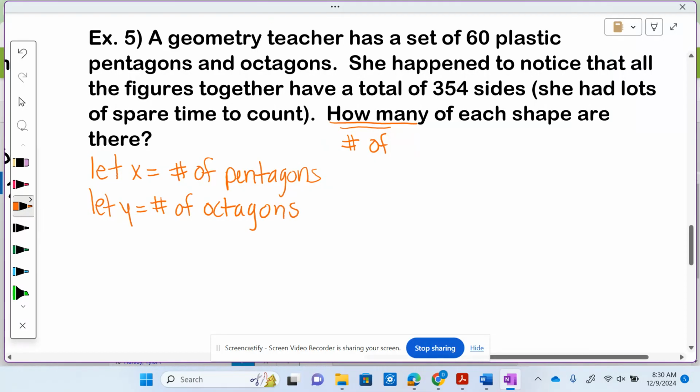All right, Eden, I'm going to go back to you. How many total plastic shapes does she have? She has 60. How do I show that? Perfect. X plus y equals 60. All right, Tyler. How many sides? Because the next one is total sides. So whatever we do has to equal the total number of sides, which is 354. How many sides does a pentagon have?